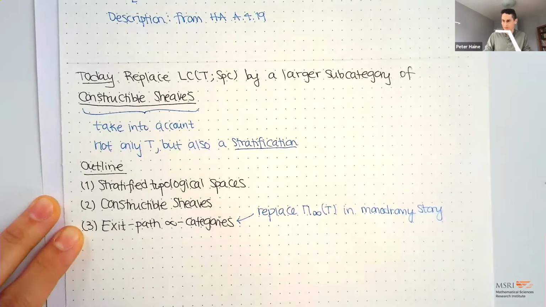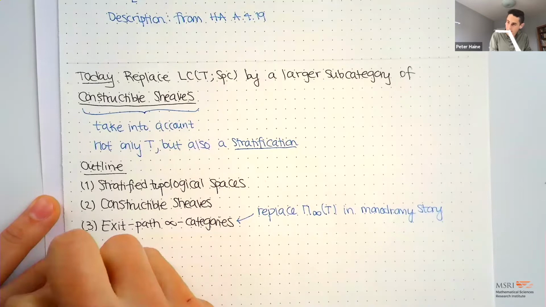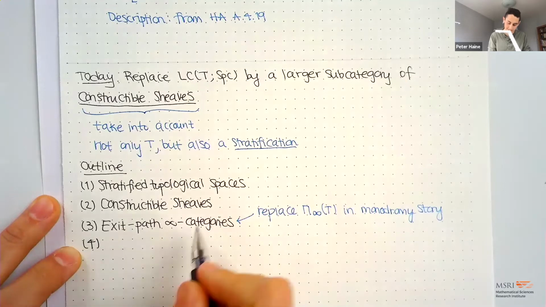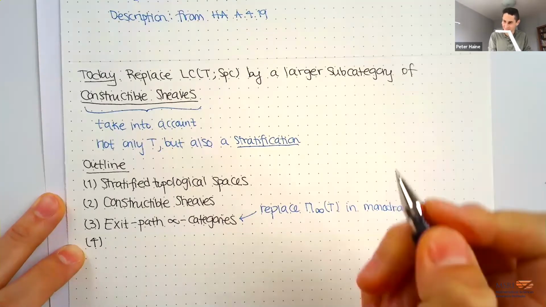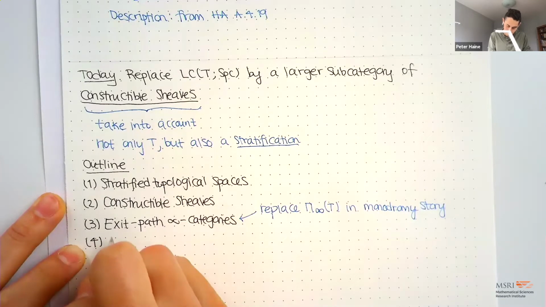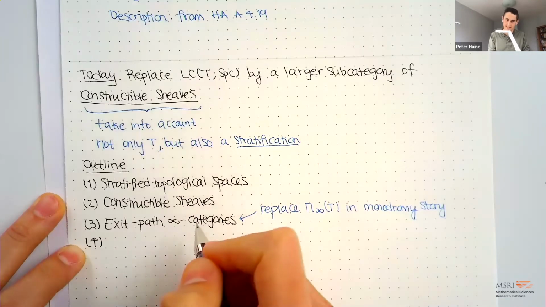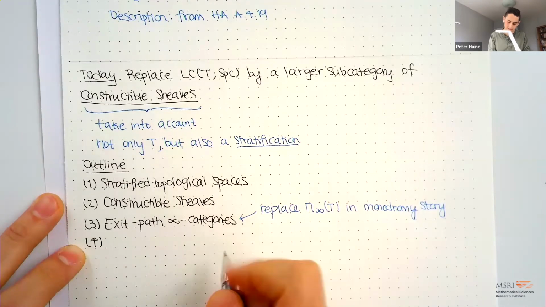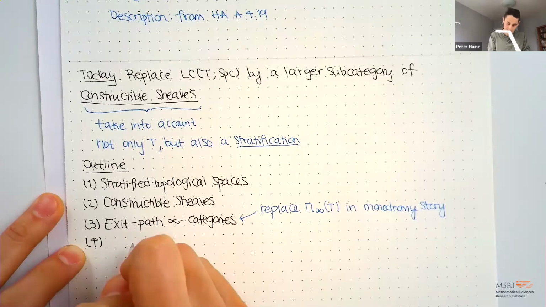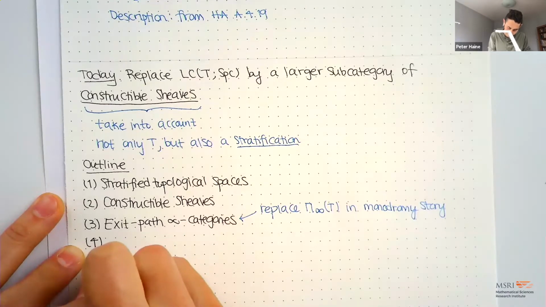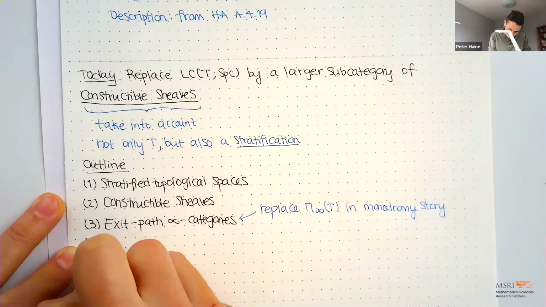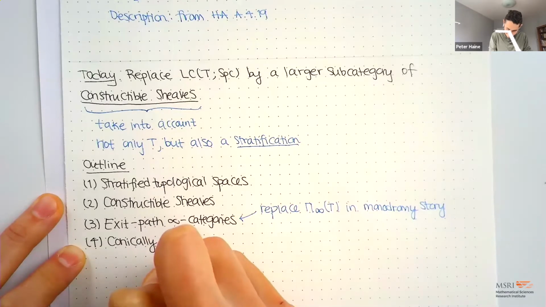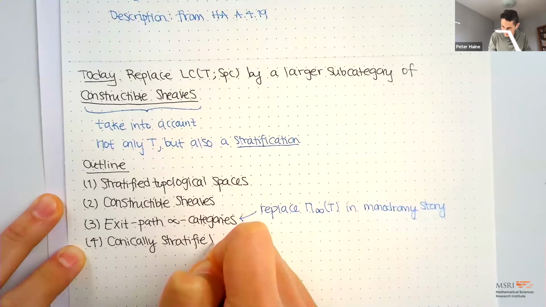And we're going to be talking about monodromy with this exit path thing, so we're going to call it exodromy, monodromy for exit paths. But before that, I'm going to need to explain what sufficiently nice means in this setting, and it's more complicated than in the classical setting because of some difficulties with how stratifications work. So I'm going to talk about what are called conically stratified spaces.